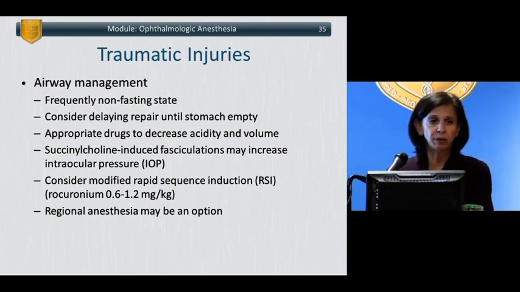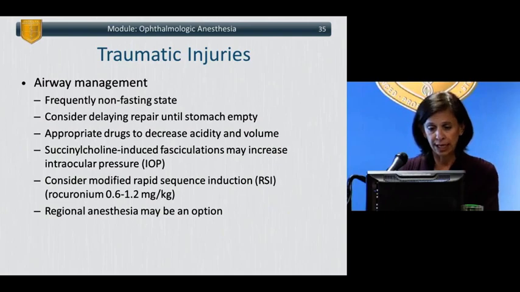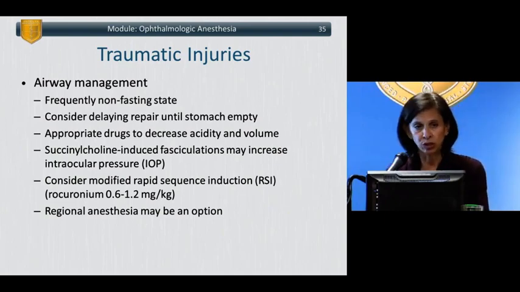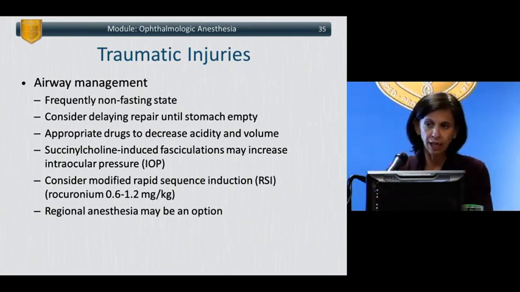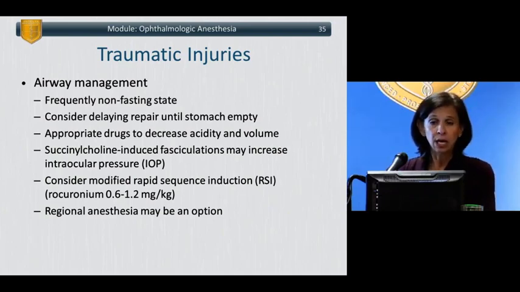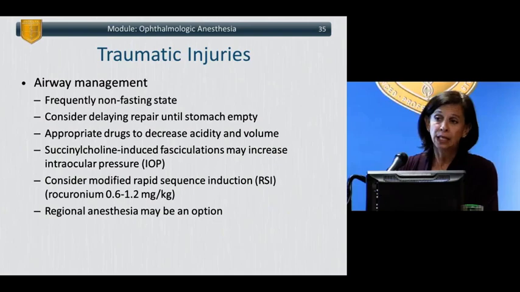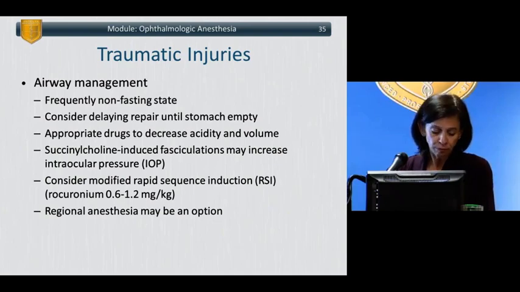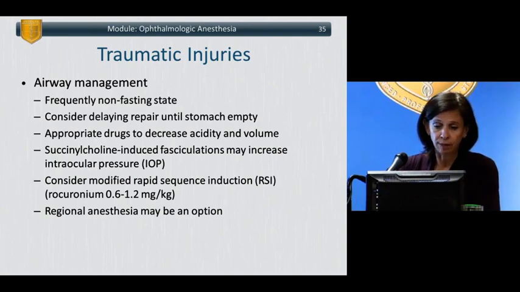But it doesn't stop you from giving the patients prokinetic drugs and drugs to lower the acidity. The question is whether you want to truly do a rapid sequence induction or not. And a lot of that will depend on the patient's airway, of course, and how easy it is to manage their airway, as well as other comorbid conditions, such as a patient with heart failure, ischemia, or something.